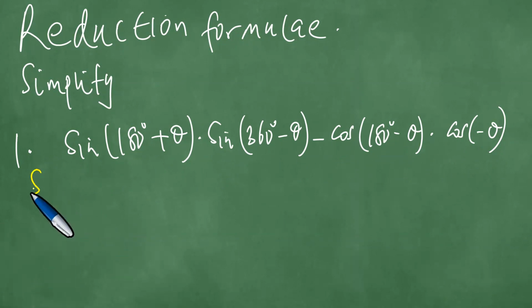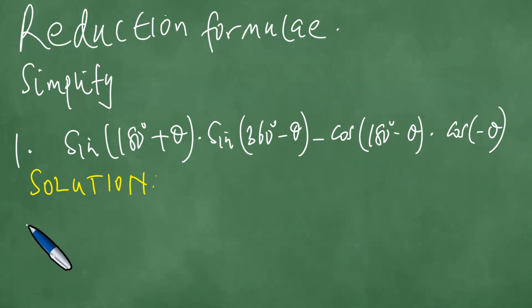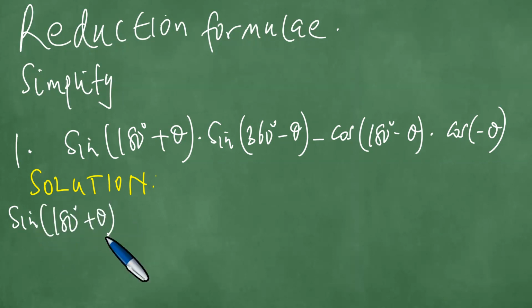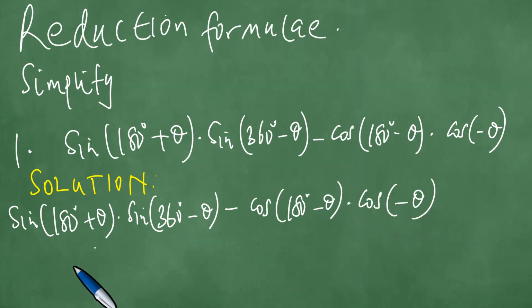So we'll look at the solution to this. To simplify this, we proceed by looking at the sine of 180 degrees plus theta times the sine of 360 degrees minus theta, minus the cosine of 180 degrees minus theta into the cosine of minus theta.